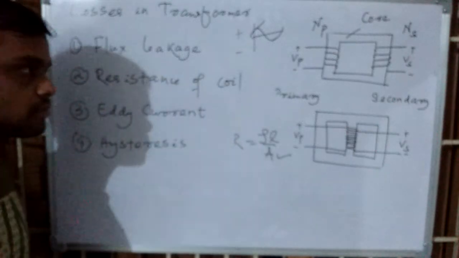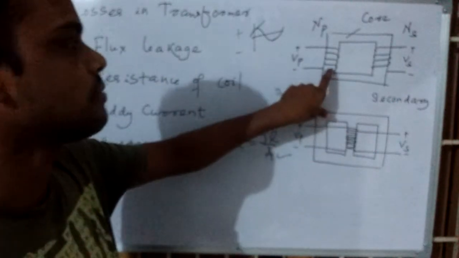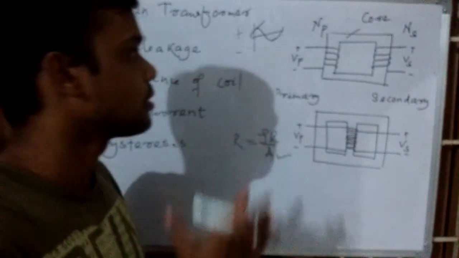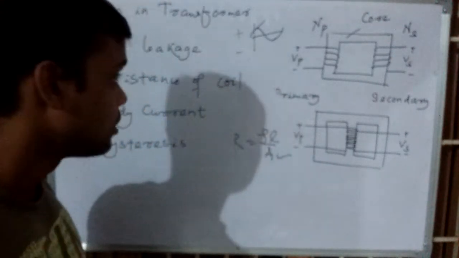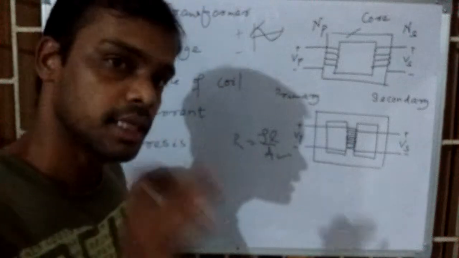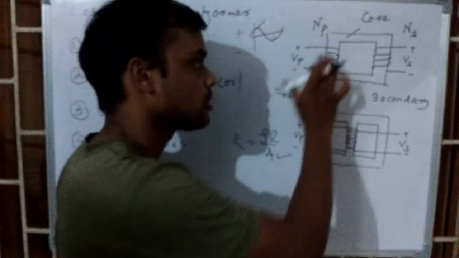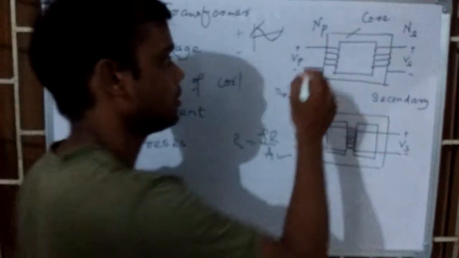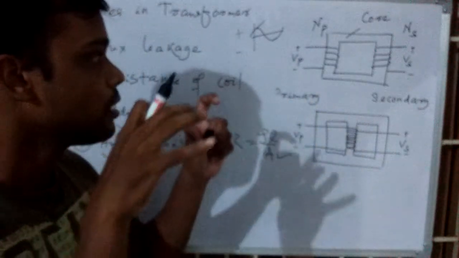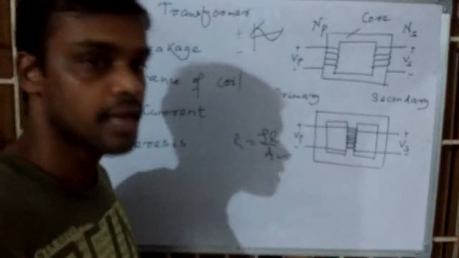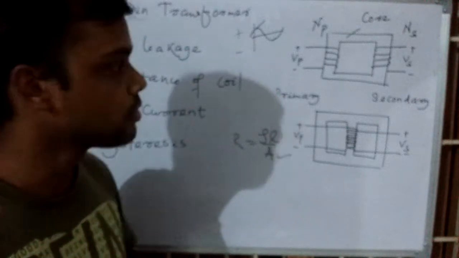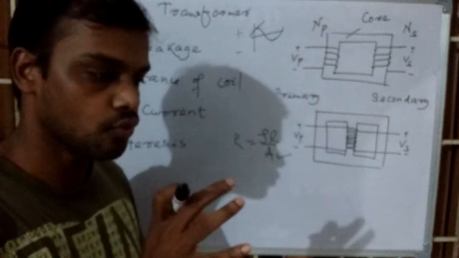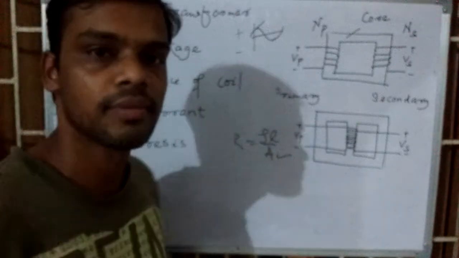Now eddy current. Eddy current is established in the core material. How to tackle this situation? The core material will produce eddy current. It is obviously a conductor, but if you laminate it, then the eddy current produced inside the material will be less, because of the lamination most of the magnetic fields will not be able to penetrate through the material.